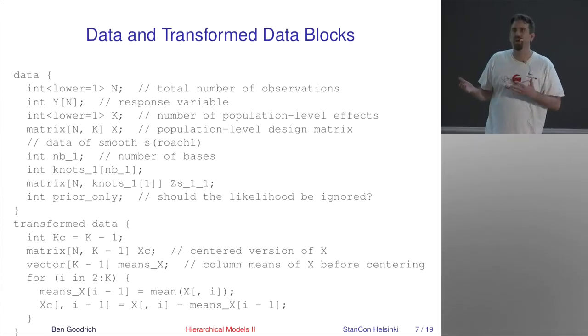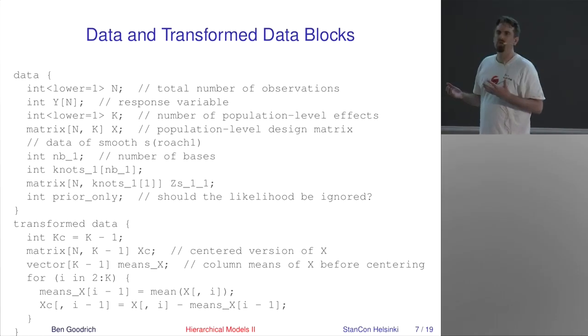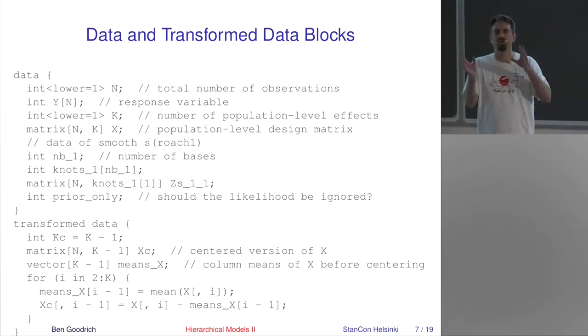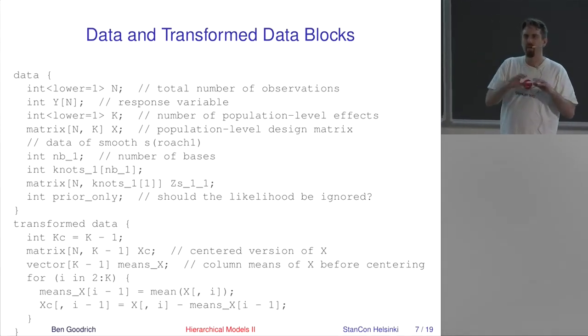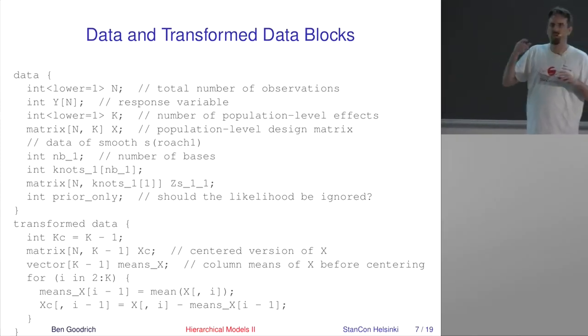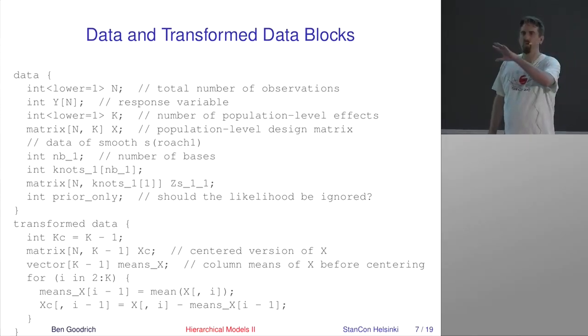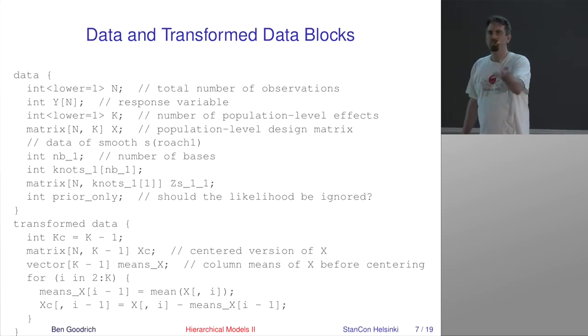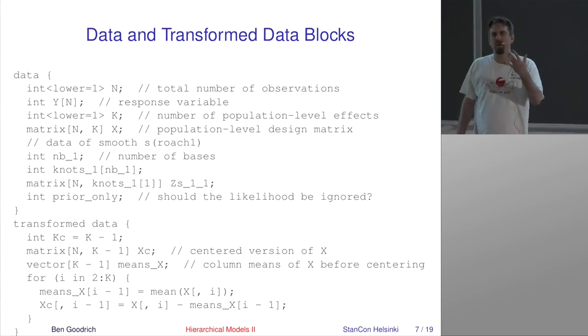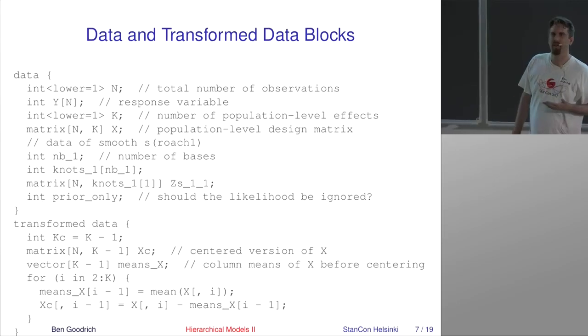It's easier to think about the prior distribution that you want to use on the intercept if it's the expected outcome for an average observation, as opposed to when all the predictors are 0, which might not even make sense when we're talking about class size or age or something like that.